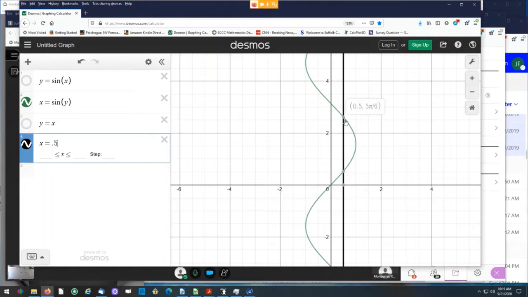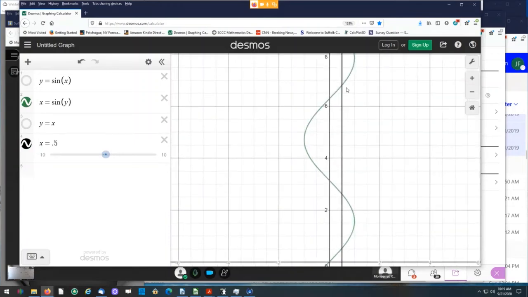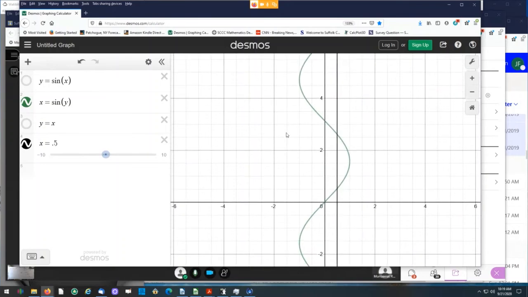So that's a problem. I can't have that happening, because look at it. It intersects at an infinite number of locations all throughout here. So what do we have to do? Well, we're going to have to restrict what we call the domain of this function. The input values are only going to be for certain values of these.